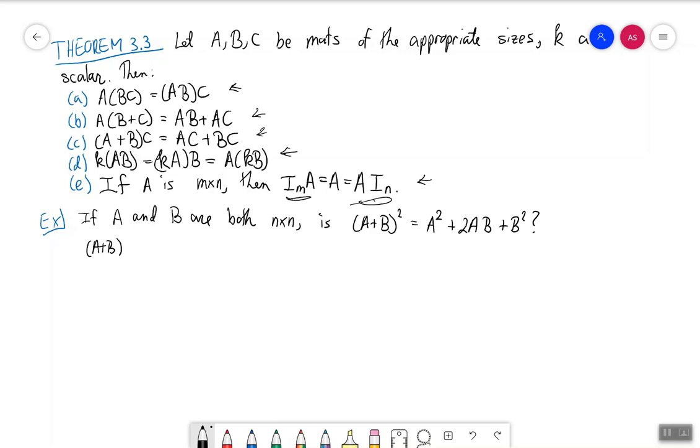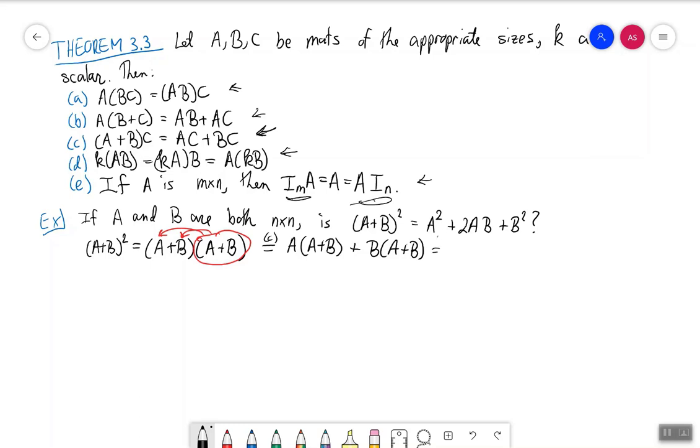A plus B squared is equal to A plus B times A plus B. Then distributing this A plus B to A and to B using C, so that's C part here, we get A times A plus B plus B times A plus B. You have to be very careful when you're working with matrices to preserve the order of multiplication, because as I said earlier in this video, matrix multiplication is not commutative, so order matters.